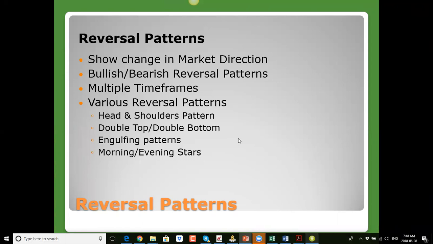These patterns can set up on all kinds of different time frames. They're not tied to any particular time frame. I do like the 1 hour ones, but I will take a look at them on all different time frames. Usually what I do is look for support and resistance levels from higher time frames and then look to take a trade from lower time frames.